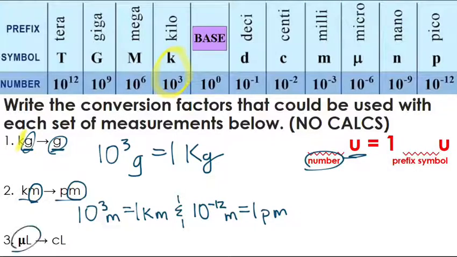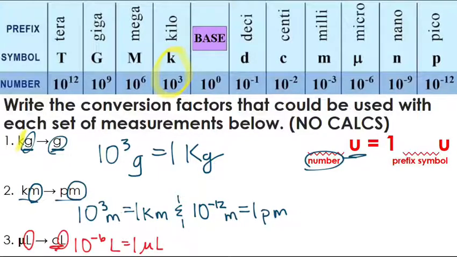Last but not least, we got this funny looking symbol here that is micro. So I'm going to change colors because we're getting a little squished together down here. Micro is 10 to the negative 6th. And I could definitely tell that that prefix was there before even looking at my base units, but I need to find those base units so I can write my equation. Liters equals 1 microliter.